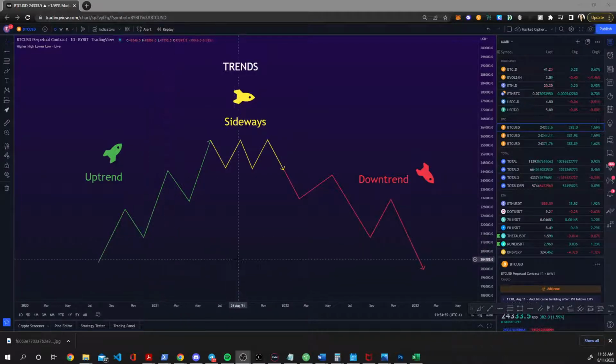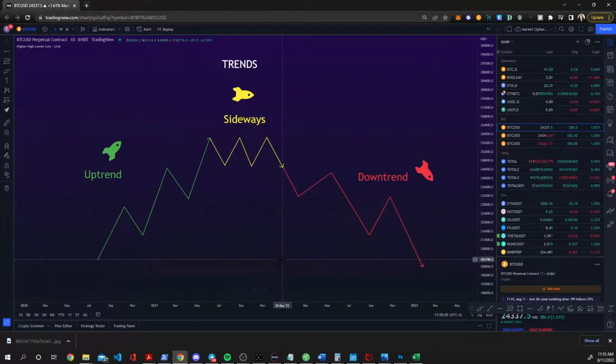Now, three types of trends we're going to look at are uptrends, sideways or consolidation trends, and then downtrends. Now, when it comes to overall market structure, we're talking about uptrending, bullish market structure, sideways market structure, or downtrending, bearish market structure.